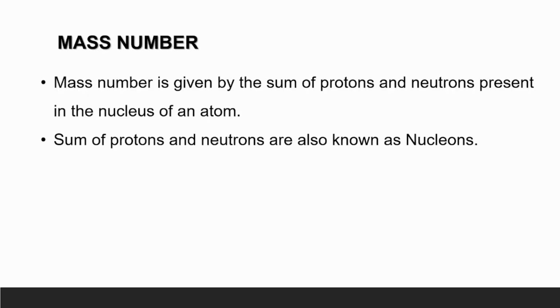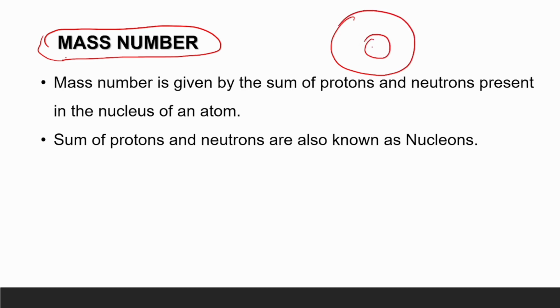Now we have studied atomic number. The next thing is the mass number. What is a mass number? The whole mass is contributed by the nucleus. Inside the nucleus there are protons and neutrons. So the mass number is given by the sum of protons and neutrons present inside the nucleus of an atom.